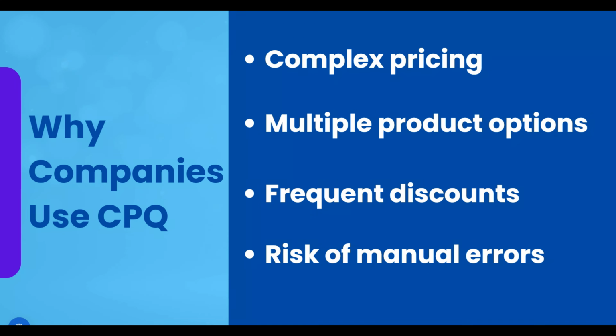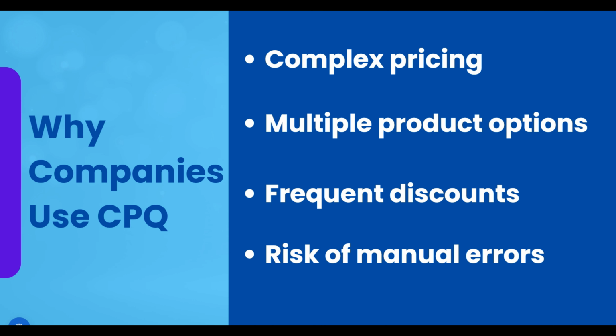Many companies offer different packages, bundles or feature combinations, so selecting the right product for every customer can become difficult if it is done manually. And the third reason is frequent discounts. Businesses often provide promotional offers, customer specific discounts, or negotiated pricing, which makes the pricing process even more dynamic.